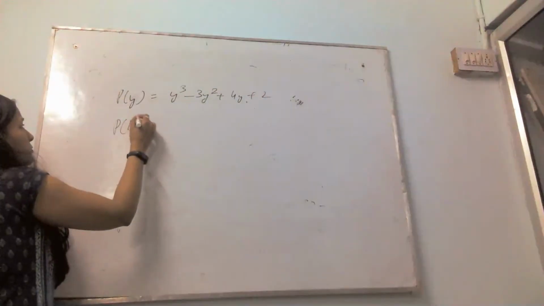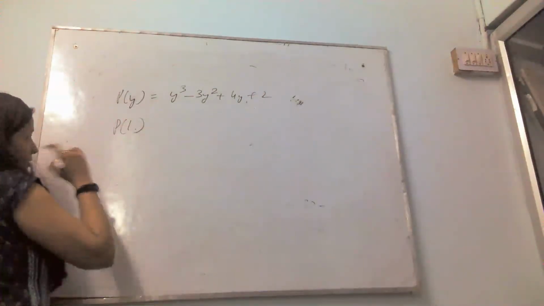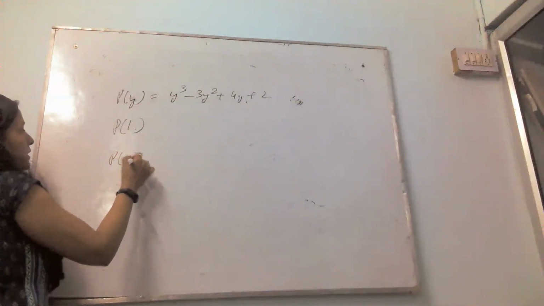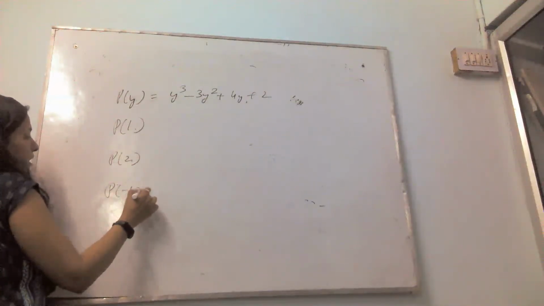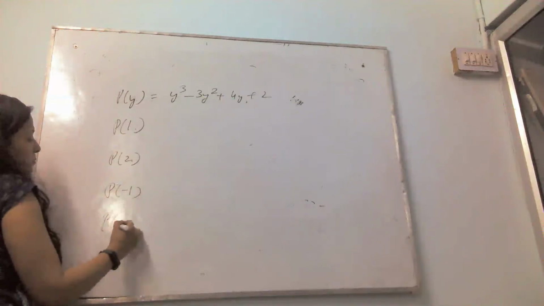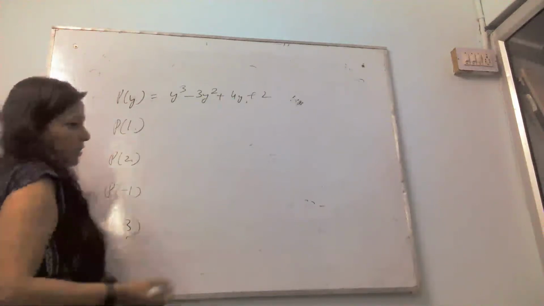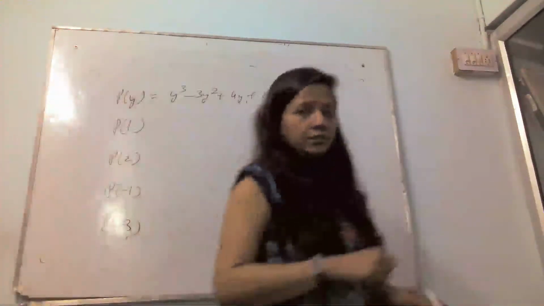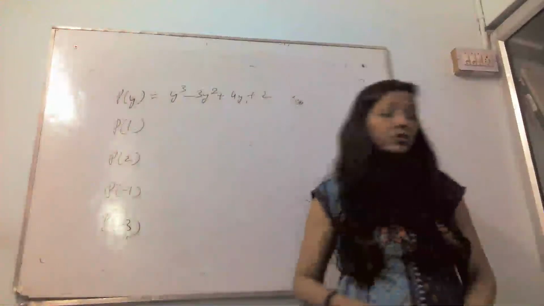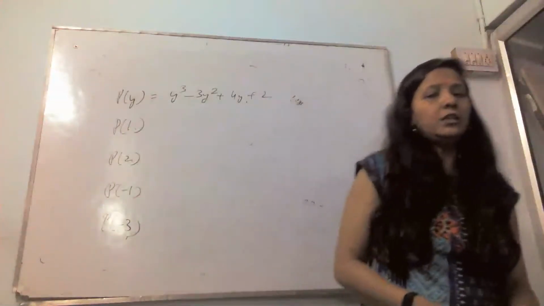You have to find p(1), p(2), p(minus 1) and p(minus 3). I'm giving you 3 minutes. You just have to go through it. After that, I am going to solve it.